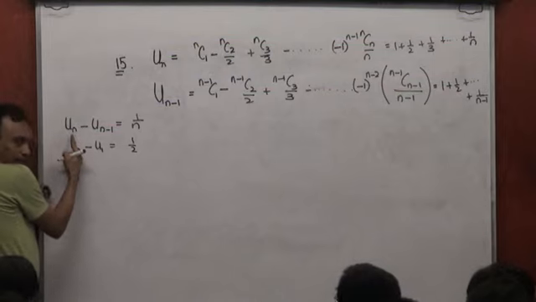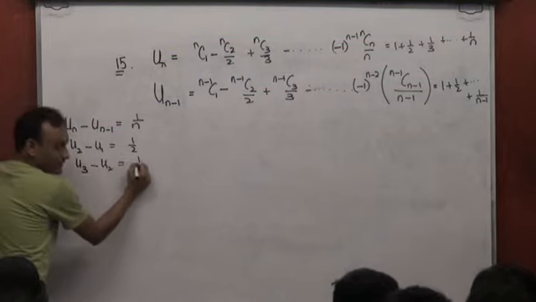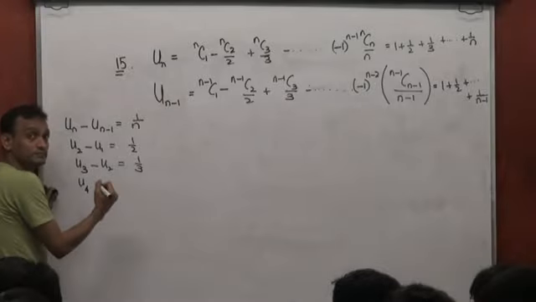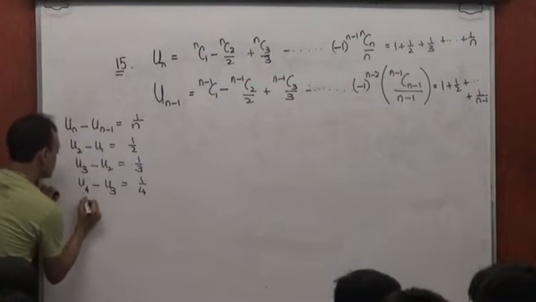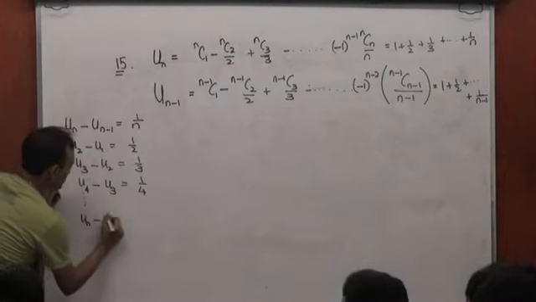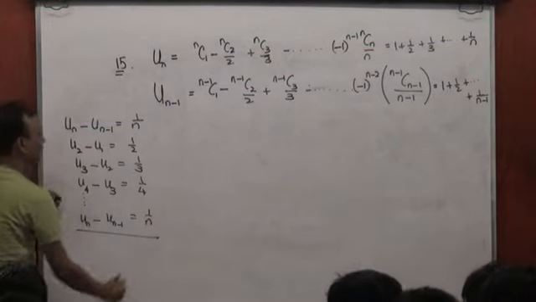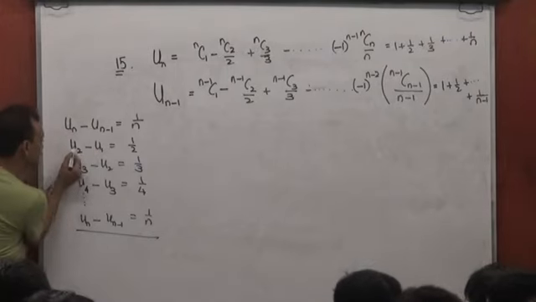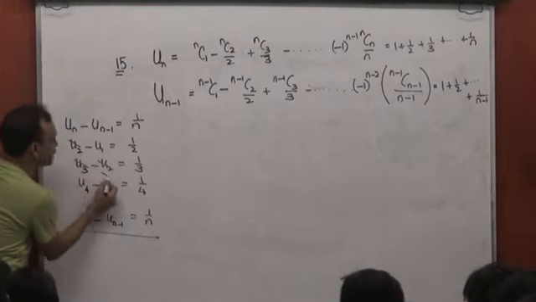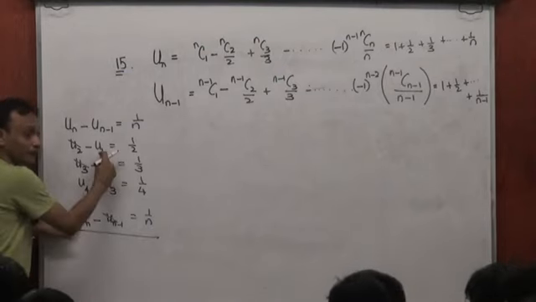Plug in n equal to 3, then I should get u3 minus u2 is 1 by 3. u4 minus u3 is 1 by 4. un minus un minus 1 is 1 by n. And if I add vertically, there is a quick telescopic cancellation of terms, leaving you with two virgin terms, un and u1.